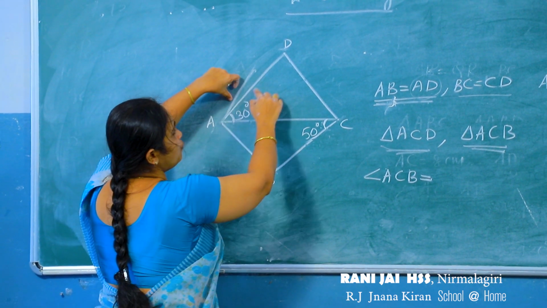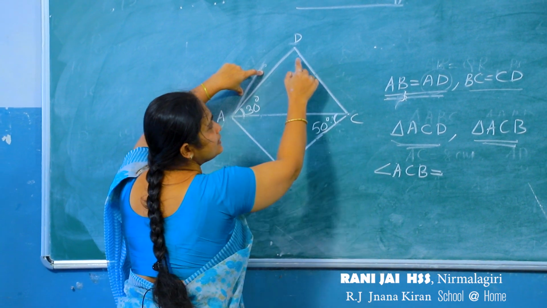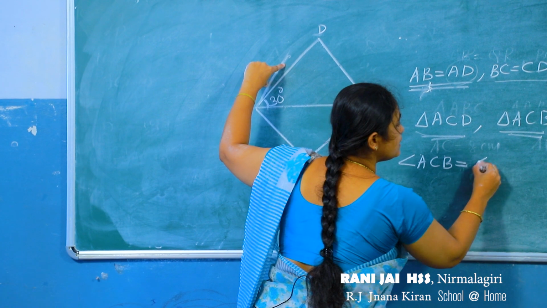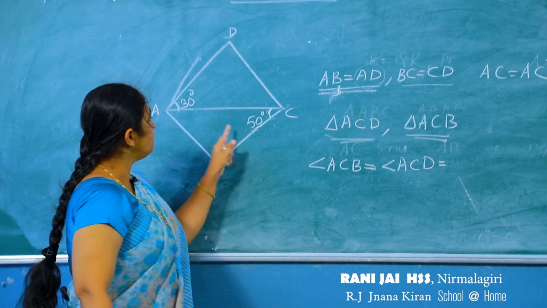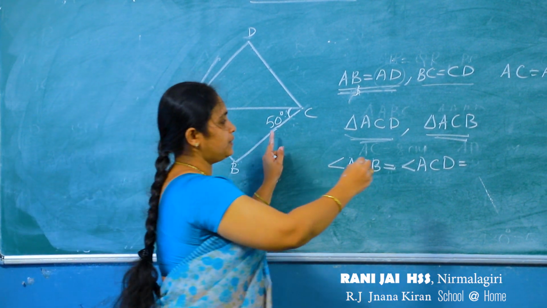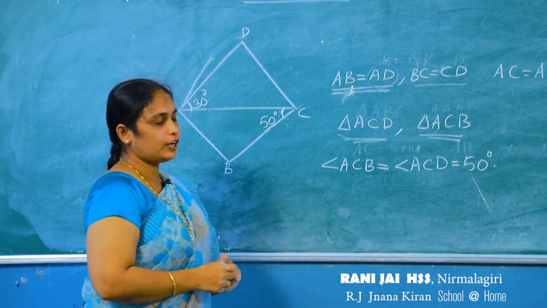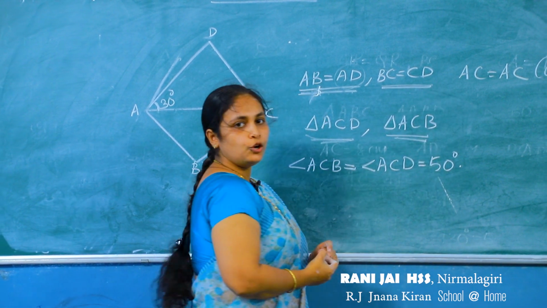Angle opposite of AD in this triangle is equal to angle ACD. That is angle ACB equal to angle ACD, and given that angle ACB equal to 50 degree, that is equal to 50 degree.